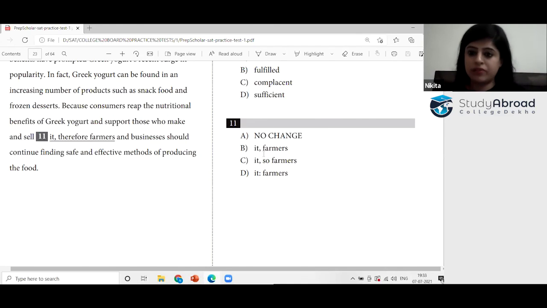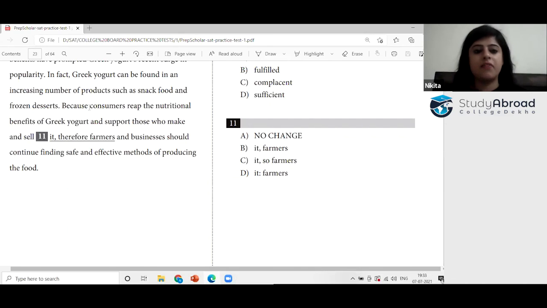It brings us to one of the concepts which says whenever our sentence is starting with a transition word, in this case because, let us have a focused look at the type of sentence that it is. It is starting with a transition word, it has a comma, there is a change of thought, and the thought continues.